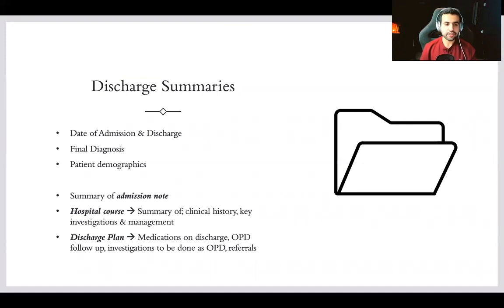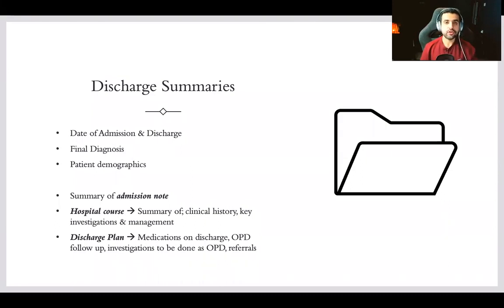When you start writing your discharge summary, you want to mention the date of admission, the date of discharge, the final diagnosis, and then the patient name, age, and gender, and the full list of past medical history and surgical history. That's very important to include. Then you want to briefly summarize the admission notes for that patient: what they came up with, what the initial labs and investigations were, and what the initial management was.